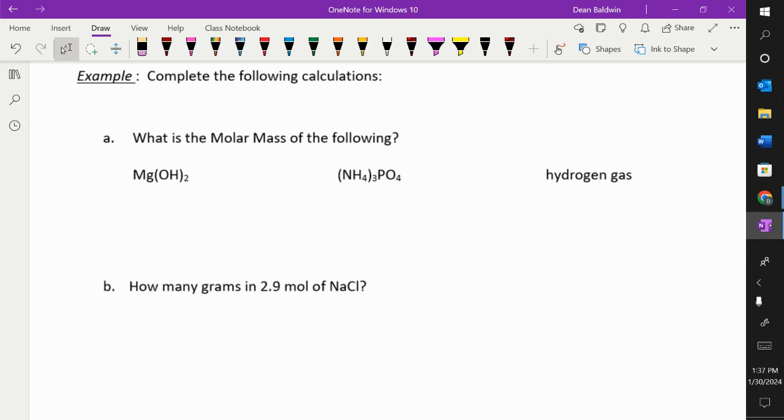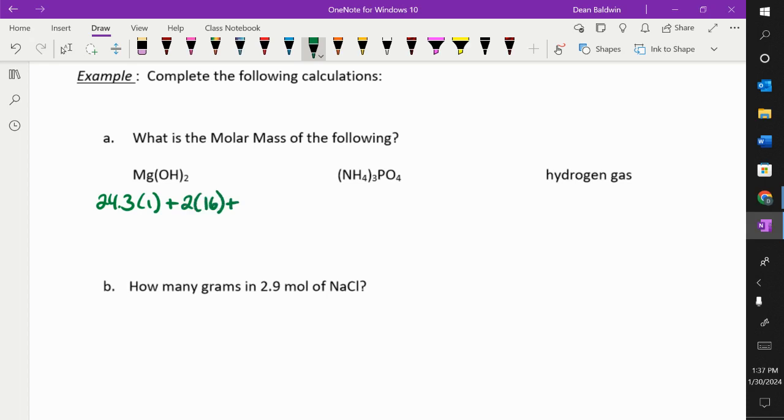So the molar mass of MgOH2. Magnesium, what's the mass of magnesium? Look on your periodic table. 24.3. How many magnesium atoms are in the molecule? 1. So times 1, plus, what's the mass of oxygen? 16. How many oxygen atoms? So it's 2 times 16.